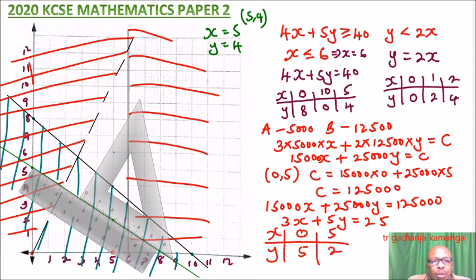So you can now calculate the cost. Type A lorries, which are 3, are charging 5,000 and they make 5 trips. You add type B, which are 2, charging 12,500, and they will make 4 trips.